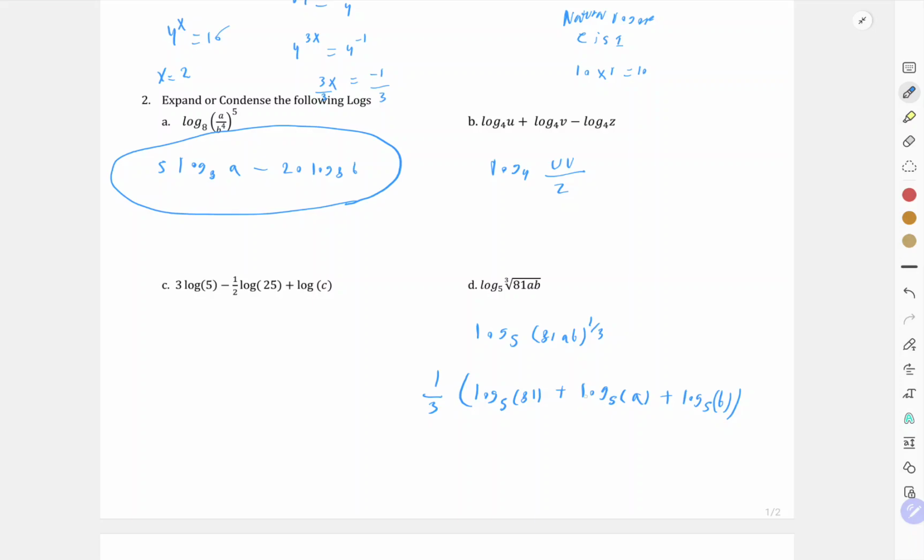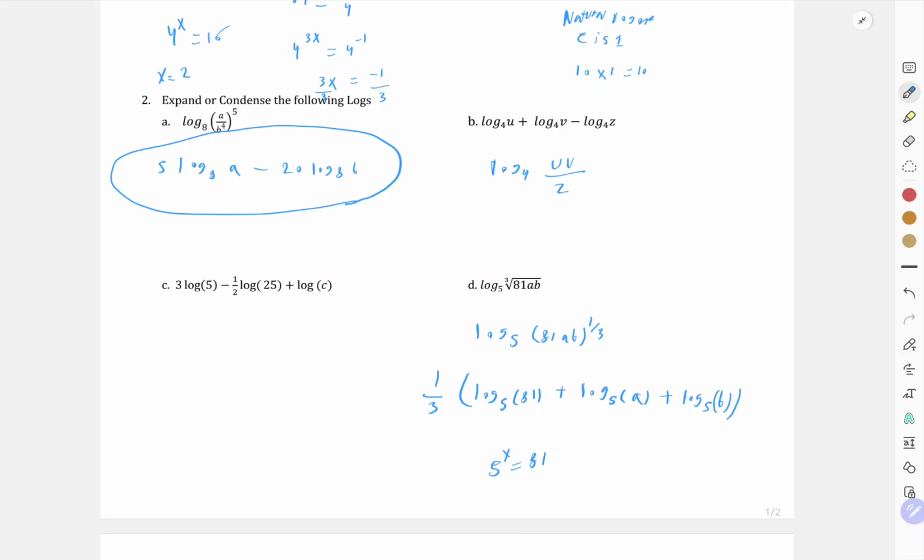So now you have to just simplify if you can. So 5 and 81, you've got to think, okay, how can I do 5 and 81? How many times does 5 go into 81?